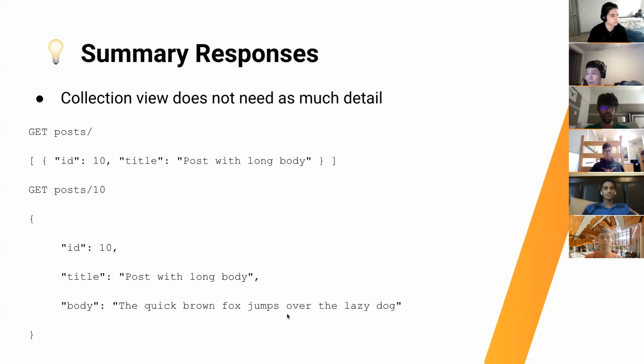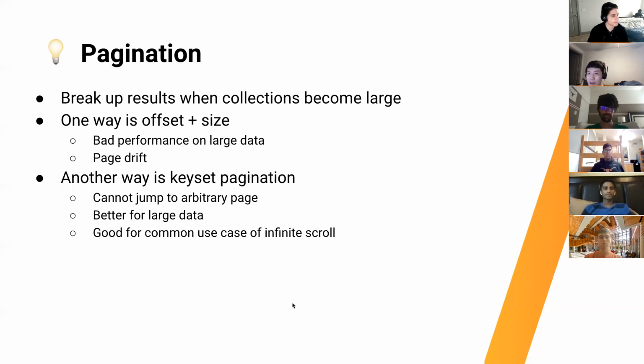All right. The next topic I'll talk about is pagination. When you have a really big collection, for example, if you're Reddit, you have that post endpoint, but that post endpoint would give you all the posts that were ever posted on Reddit.